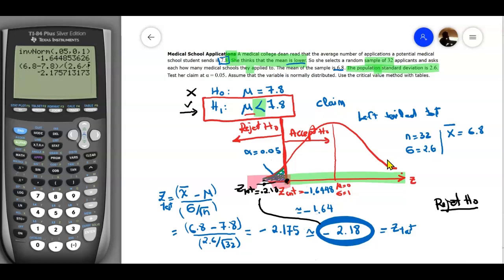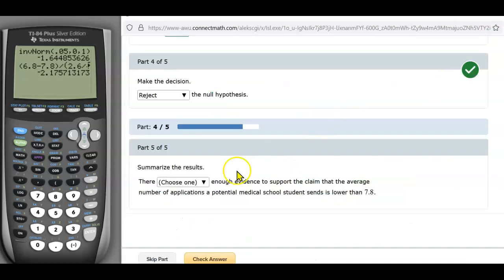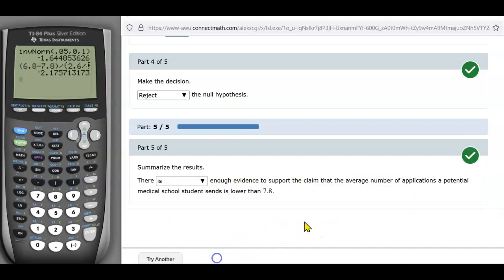So one of them is bad, one of them is good. So we are in support of the claim. So yes, we did support the claim here. And did we have enough evidence? Of course we had enough evidence. Actually, 6.8 is the evidence that it falls in the rejection zone. So the answer is yes, there is enough evidence to support the claim, which is H1. All right, and that's all.